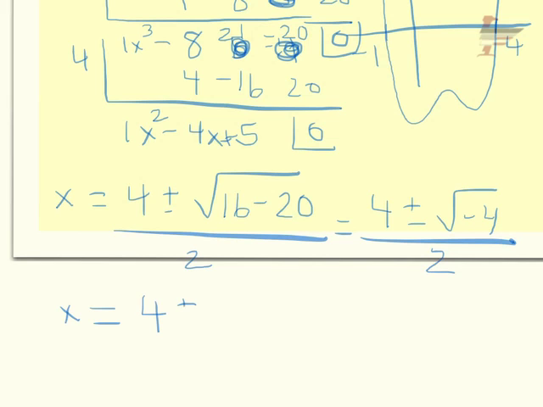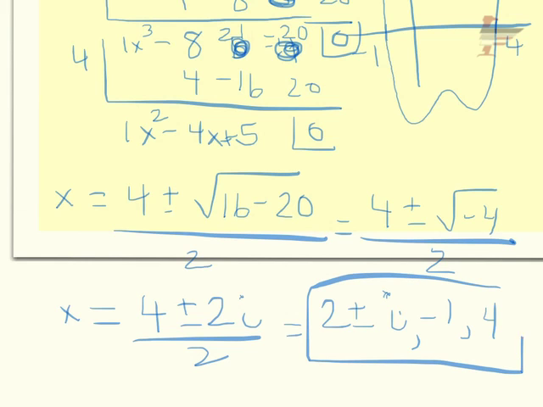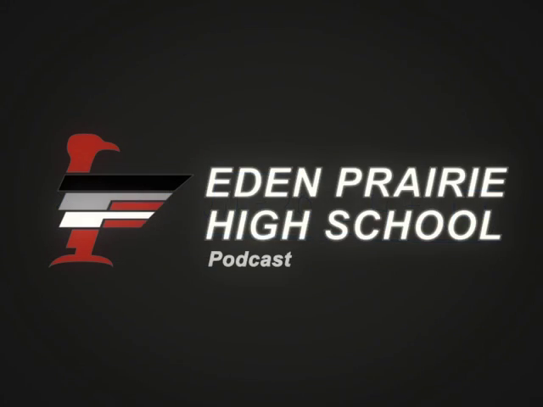So I'm going to have 4 plus or minus 2i, all divided by 2, and I'm going to divide both pieces by 2. So I get 2 plus or minus 1i, and there are my 2 imaginary solutions. And then it crossed at negative 1 and positive 4. So there are my 4 solutions. 2 are imaginary, 2 are real.